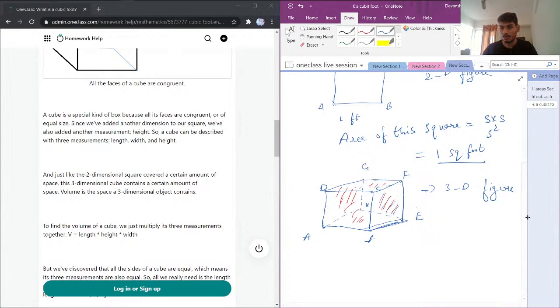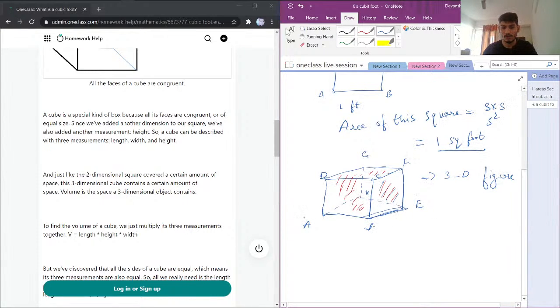Now for a cube, we calculate volume because we have one more dimension, that is height. So here it was length, here this is the height, and this is width.